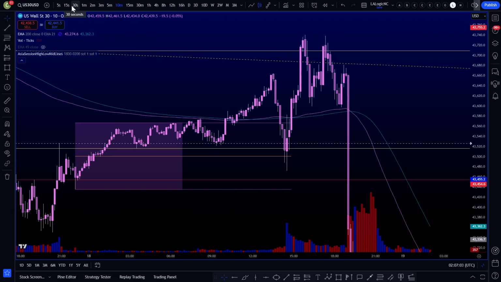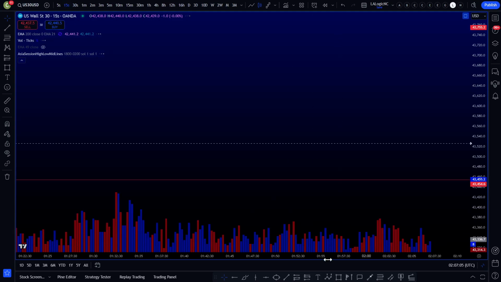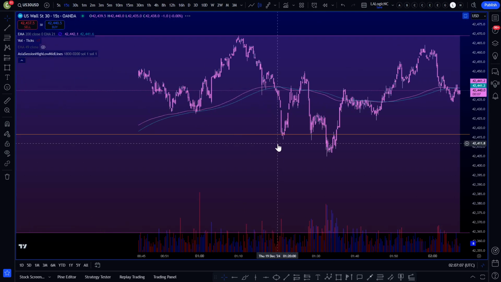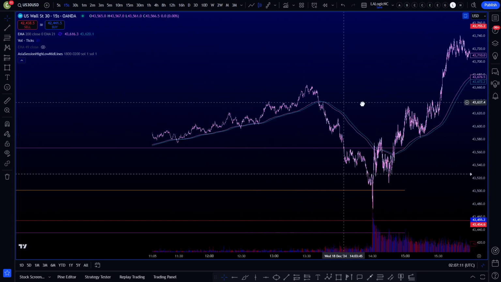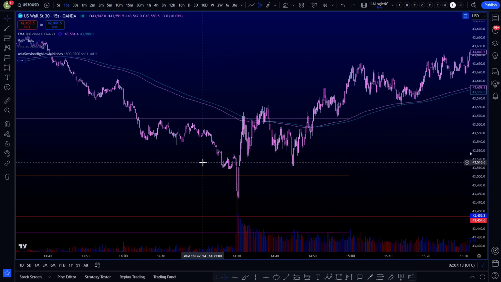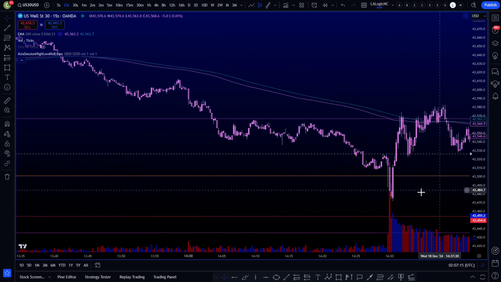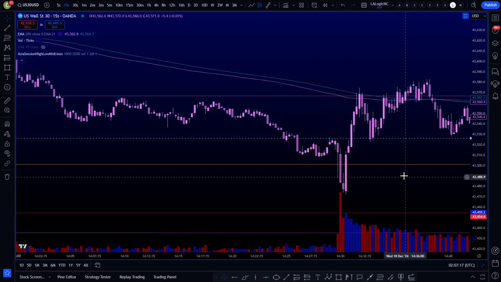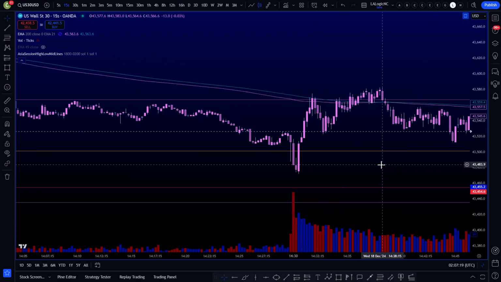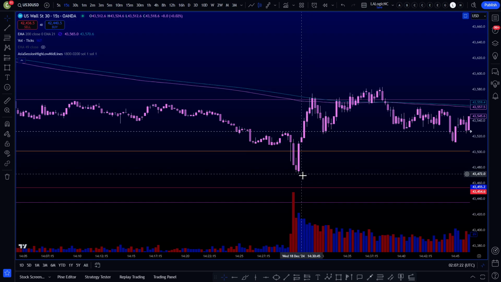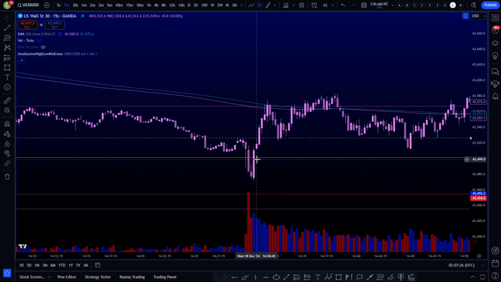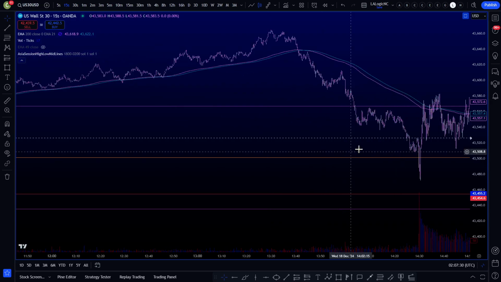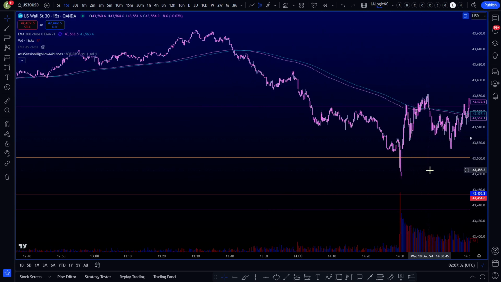So let's go to savage candles. The 15-second candles. So we see it pierce through, but then look at this massive engulf back above here, back above the midline, back above midline.